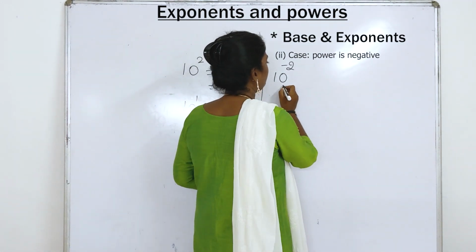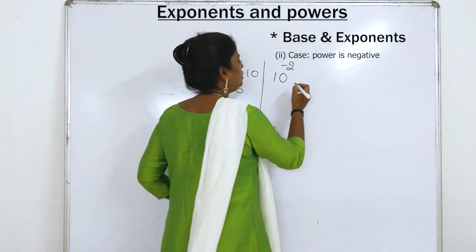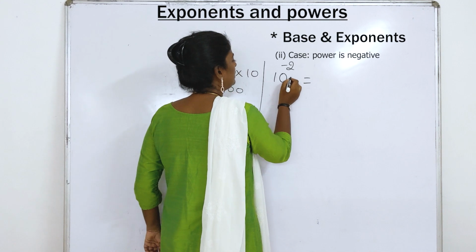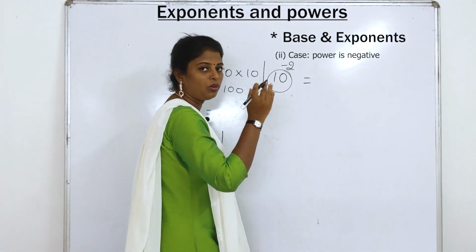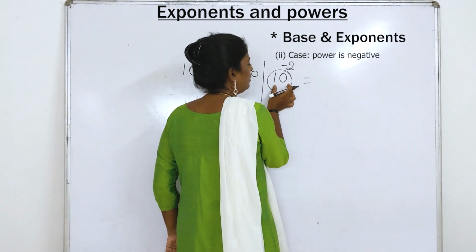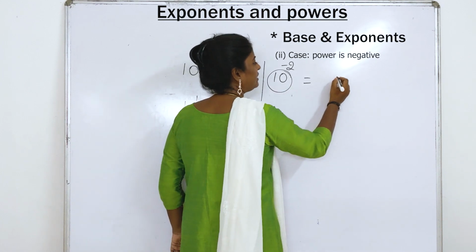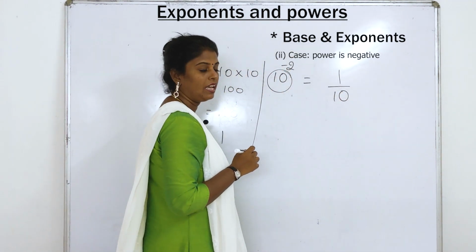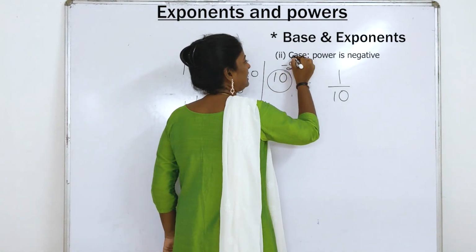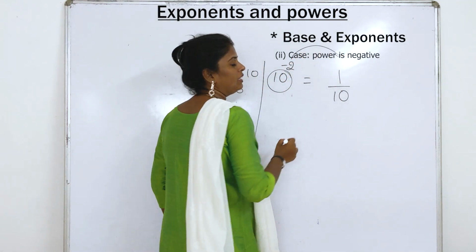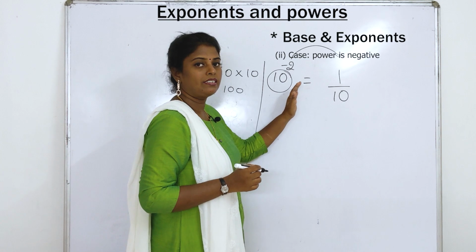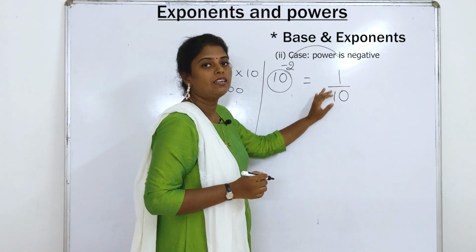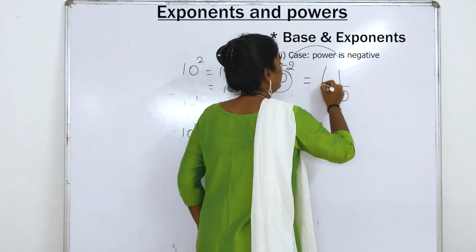So 10 to the power minus 2 is equal to, we just reciprocal the base. Here the base is 10 and its reciprocal is 1 by 10. And automatically the negative power turns to positive.